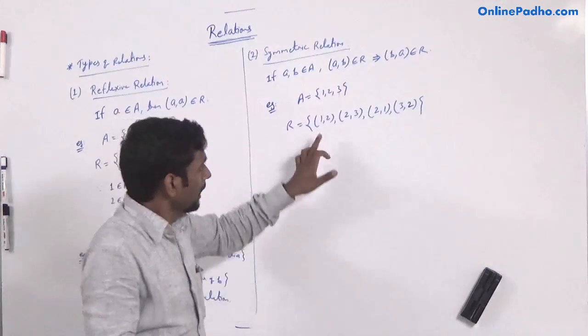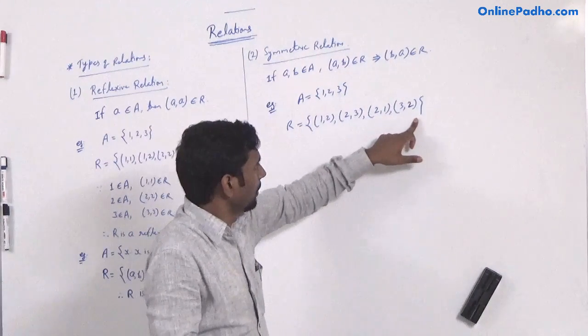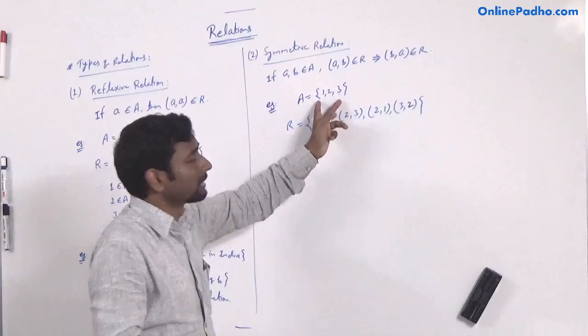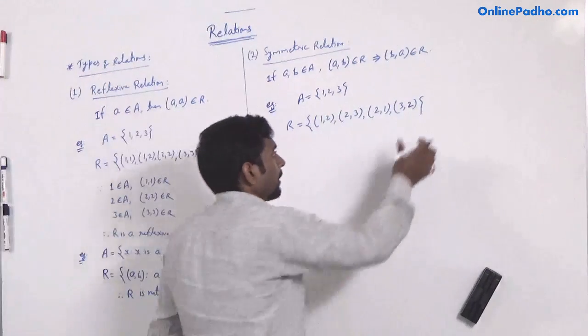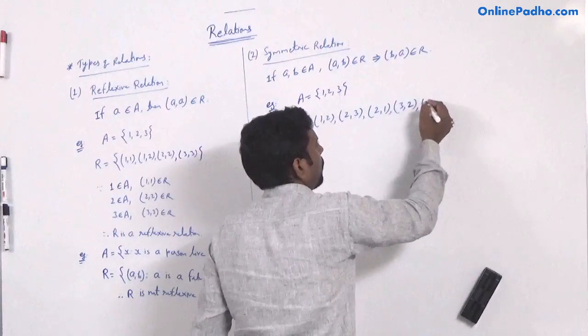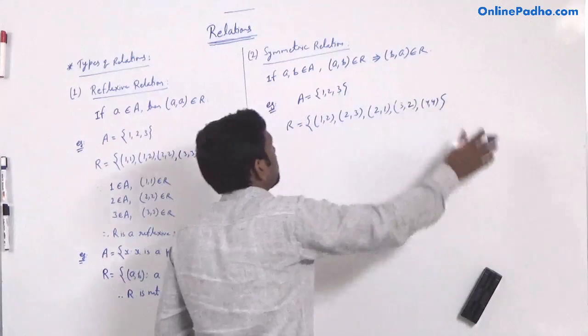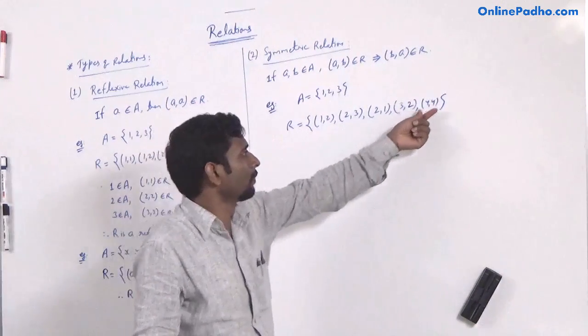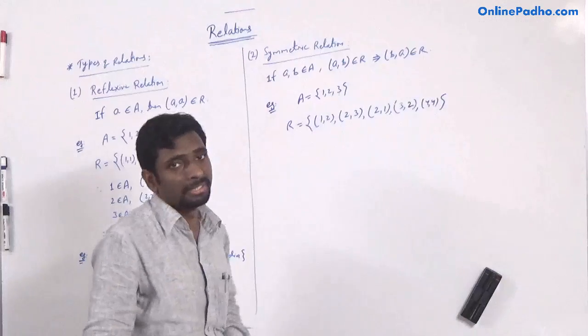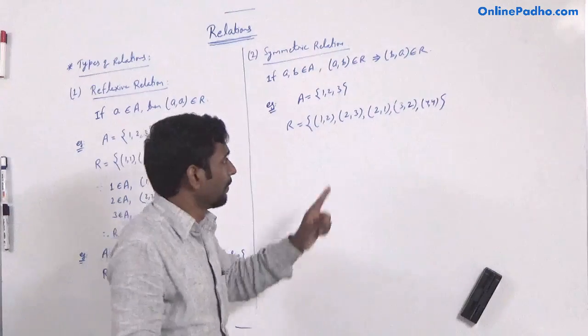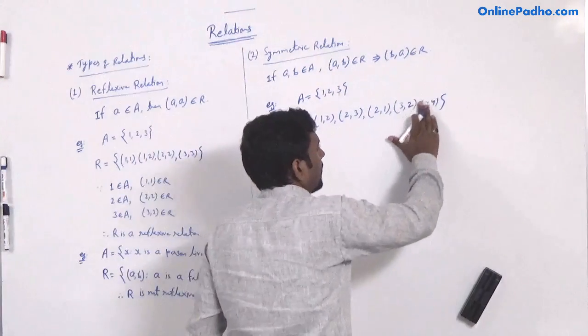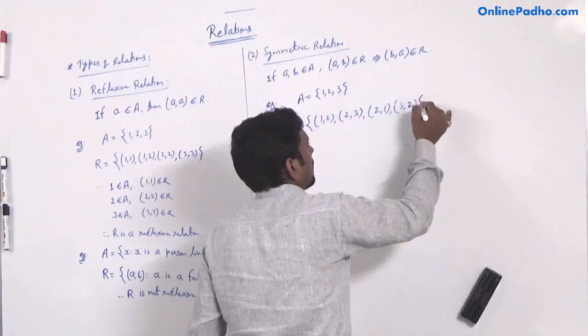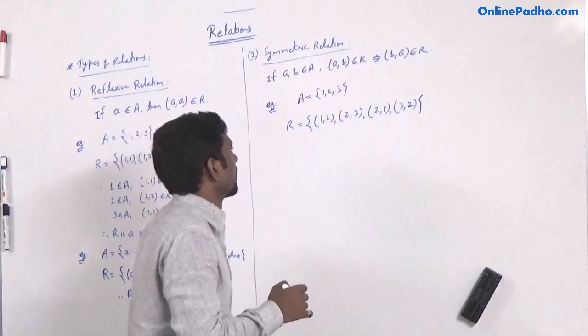And each and every element of the ordered pair must be part of the set. If you consider an extra element, that is (4, 4), no, this is not a symmetric relation, because here 4 does not lie in this set. Each and every element in the ordered pair must lie in the set, right? So now this is a symmetric relation. Why?